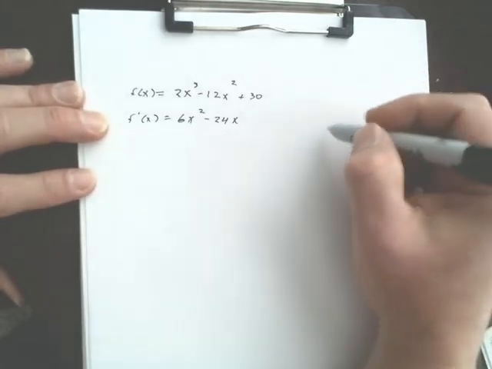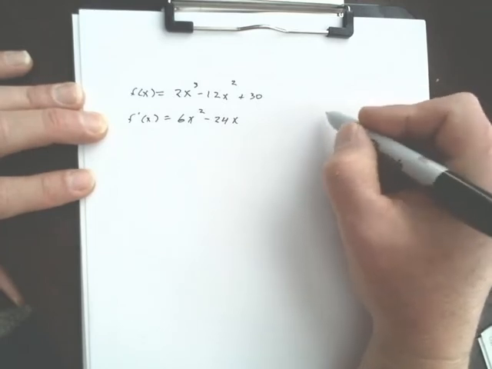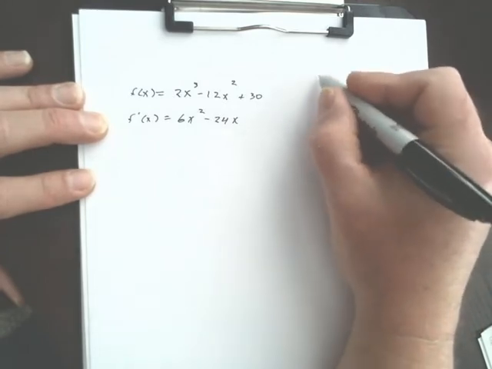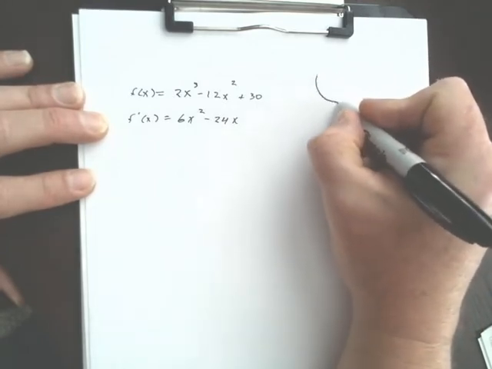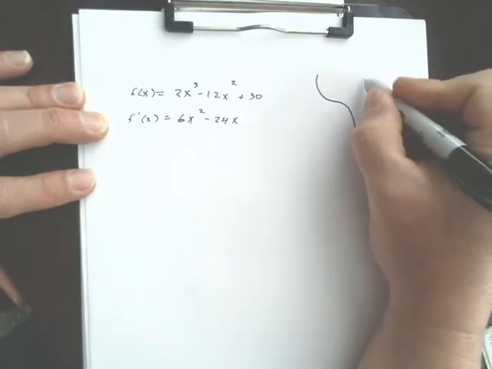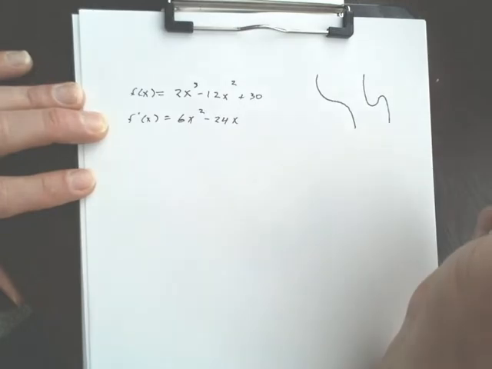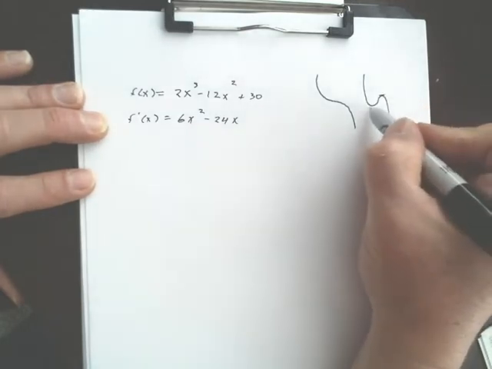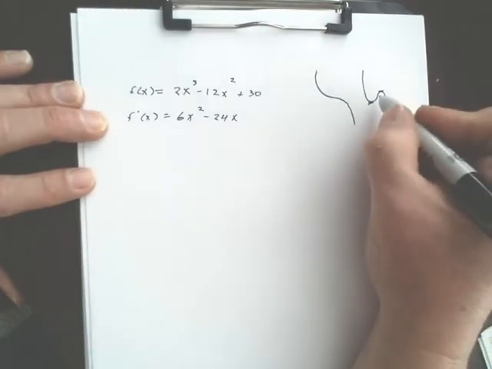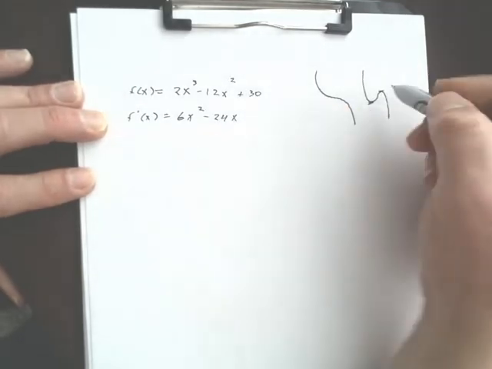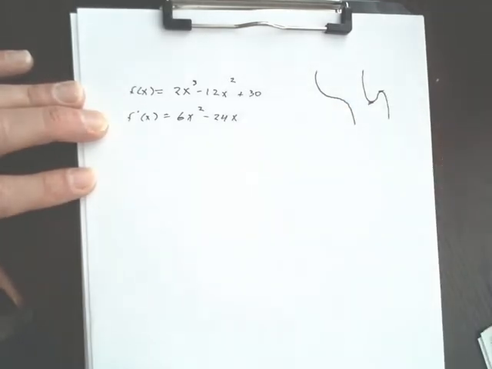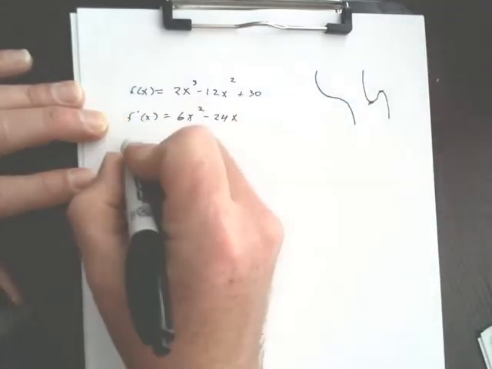Because this is telling us right off the bat that we don't have a quadratic function that looks like this. We have a function that possibly looks like this, okay? In other words, it's going to have a max and a min somewhere in it. Why? Because the slope changes depending on the value of x.